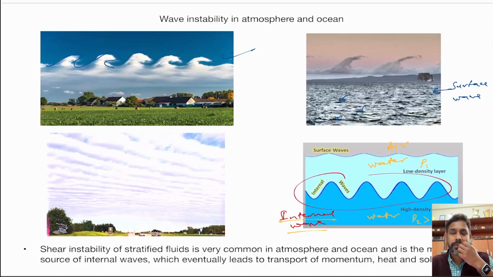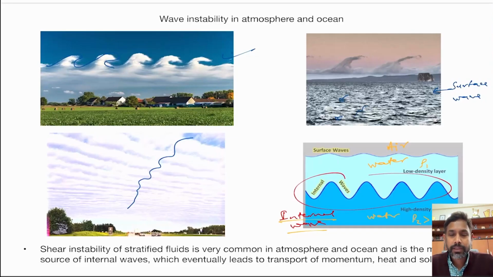Density changes as you go from the lower layer to the higher level, and then there is shear flow in different layers of this density, and that creates this instability, right? And likewise there are internal gravity waves, as you can see here in the clouds. These are flowing in the form of waves. So these are basically internal gravity waves within the atmosphere. So internal gravity waves are not just in the oceans but also in the atmosphere, and they are bound to have this instability.